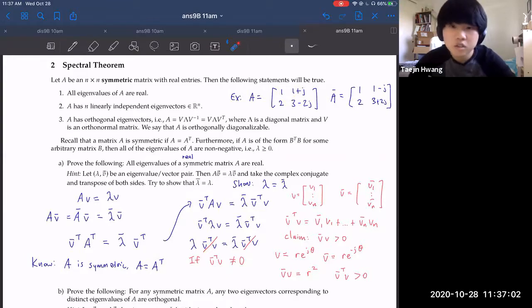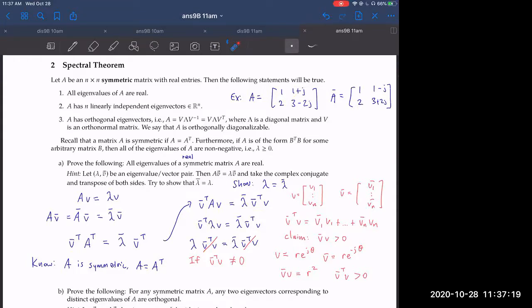All right. Any questions about what we've done in this part? Are we assuming the elements in V are not 0?